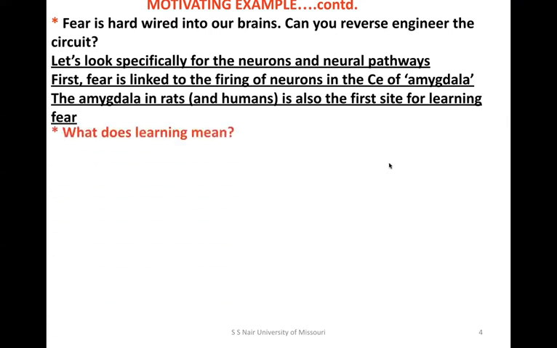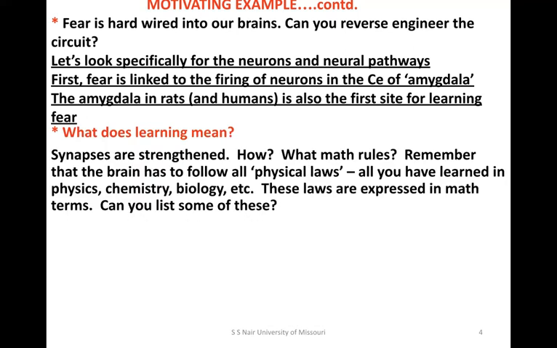So what does learning fear mean in this circuit? Can you guess? Probably you have read somewhere that learning strengthens synapses. These are connections between neurons in the brain. Now, how does learning strengthen synapses? What rules apply?